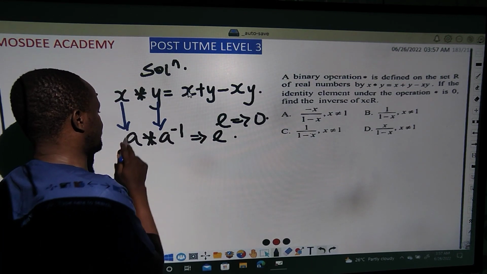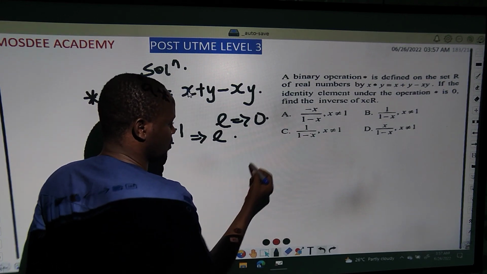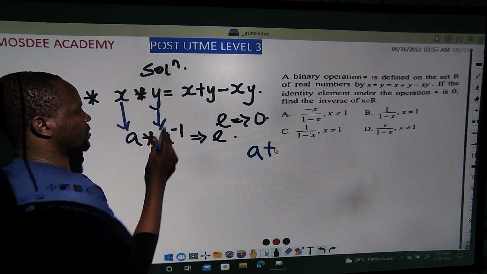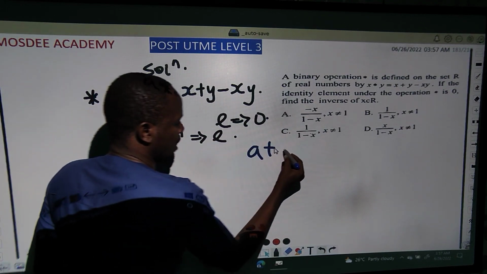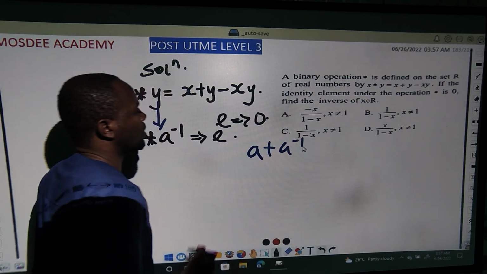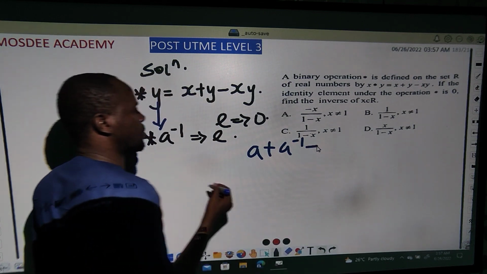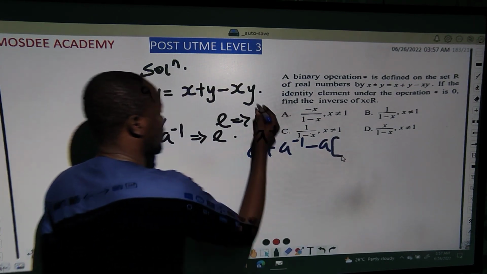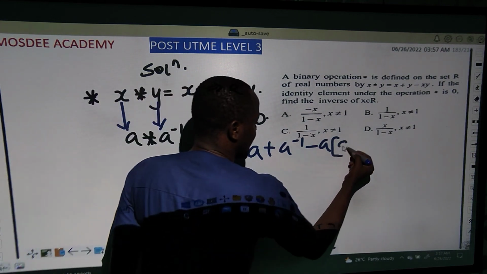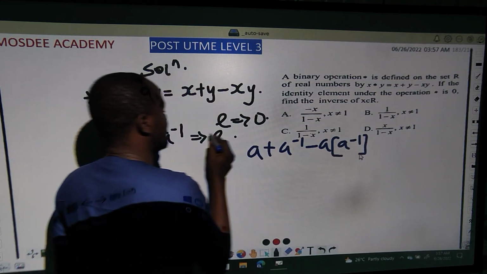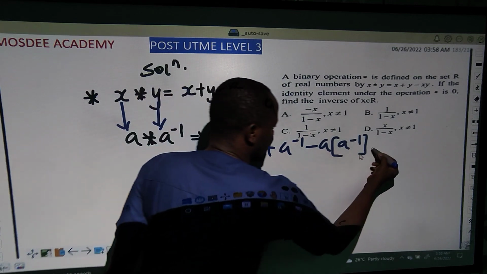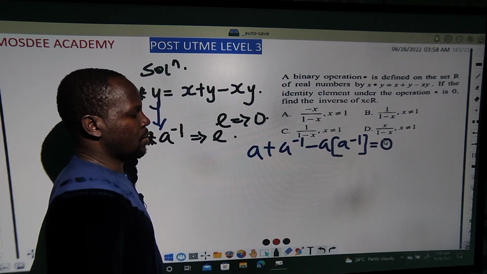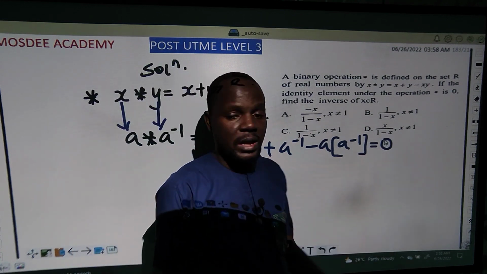So continuing the solution: x is a, y is a inverse, so a plus a inverse, minus a times a inverse, must give me the identity, which is equal to 0. What am I looking for, dear student? I'm looking for a inverse.